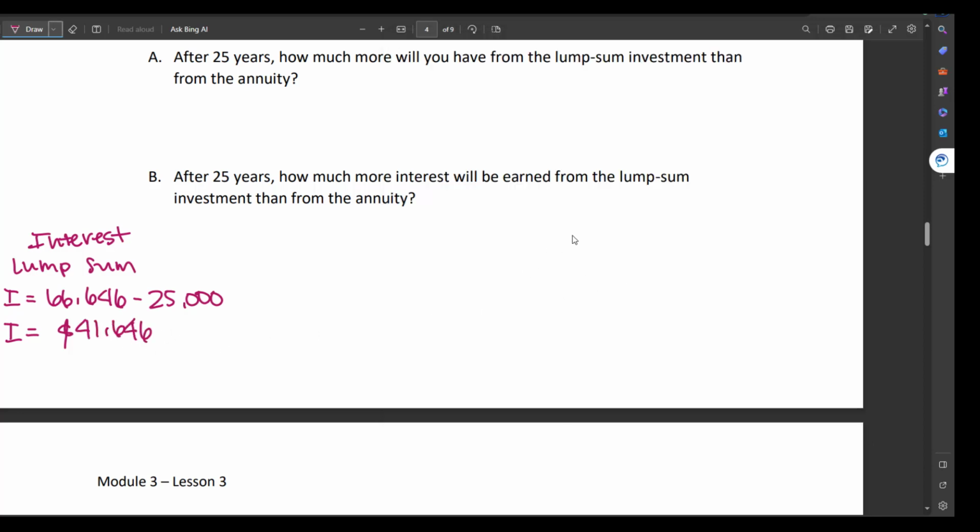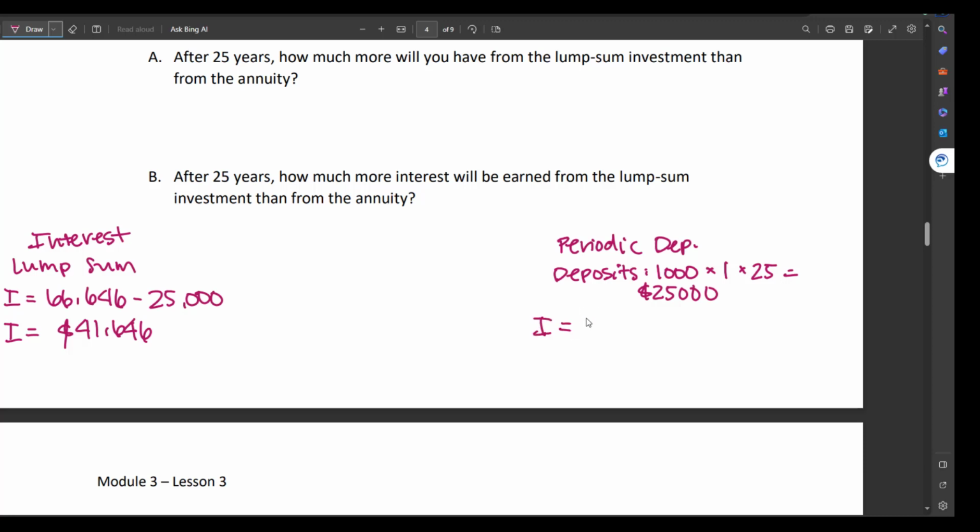Okay. So now our interest on our periodic deposit, we need to figure out how much we've put into our account. So we have our deposits being $1,000 every year, so one time a year for 25 years gives us 25,000.